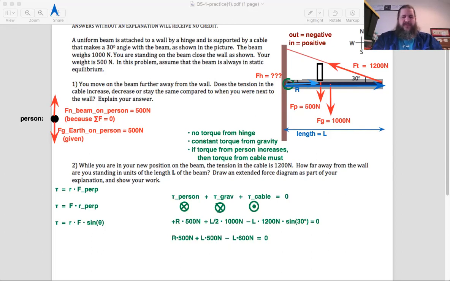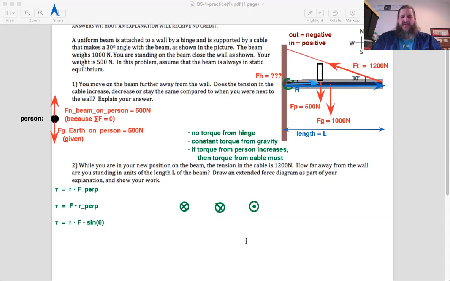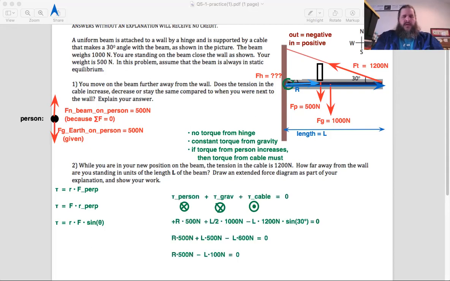And what else could we simplify here? Yeah, 500L minus 600L, those combine to what, minus 100L, 100 newtons times L. And then that's pretty much as simplified as we can get it.